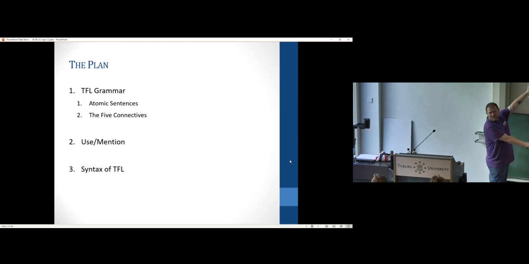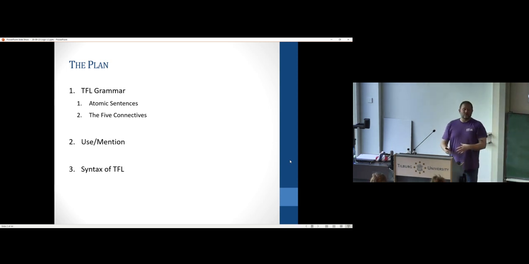It's going to be one monster slide. It's going to look hideous. We're not going to necessarily have to memorize it, but it's very important we understand how it works because it explains why we can do the machinery that we're going to talk about in the next lecture. So that's the plan. Sounds good? Or at least not too terrible? That's good enough for me.